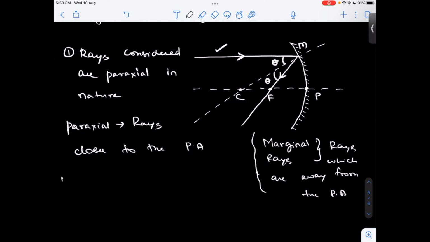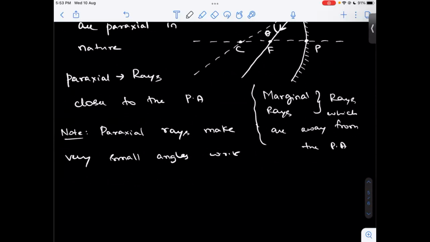So here a point to be noted is paraxial rays make very small angles with respect to the normal and other points on the principal axis.